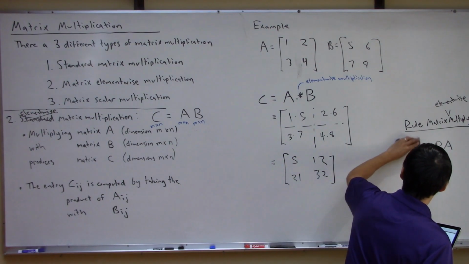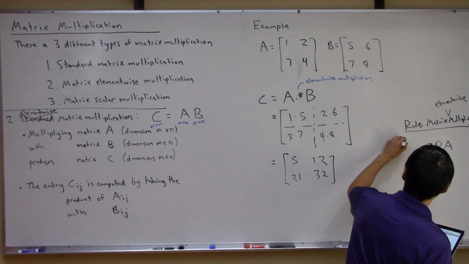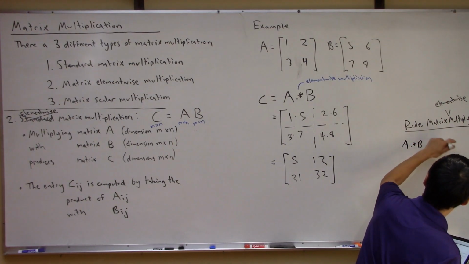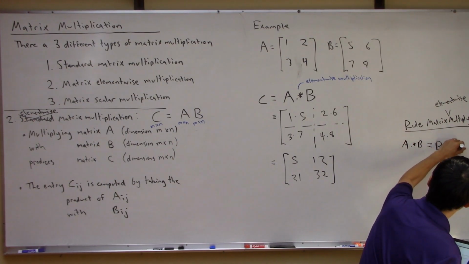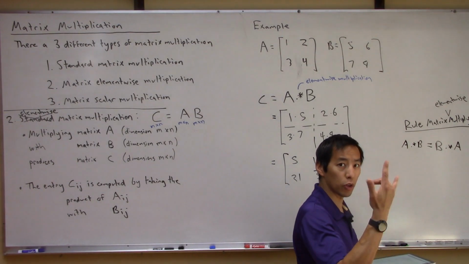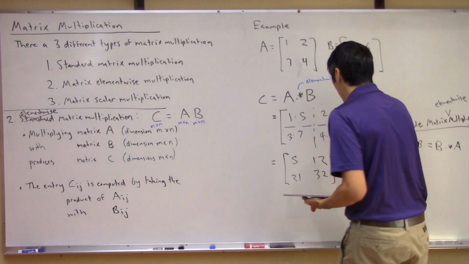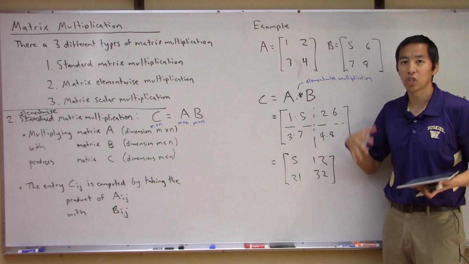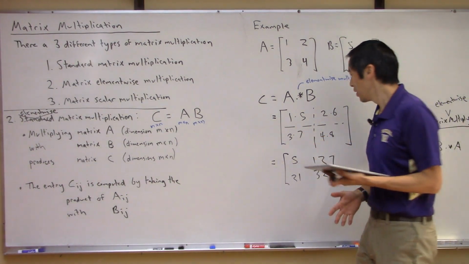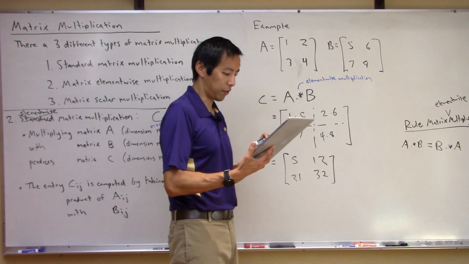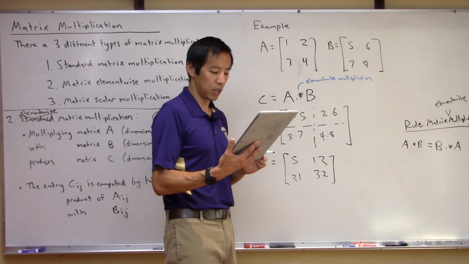I should write this as A dot star B is equal to B dot star A. So if you're doing element-wise multiplication, now order doesn't matter because at the end of the day, you're just doing normal scalar multiplication where order doesn't matter. So again, just be a little bit careful of some of this.